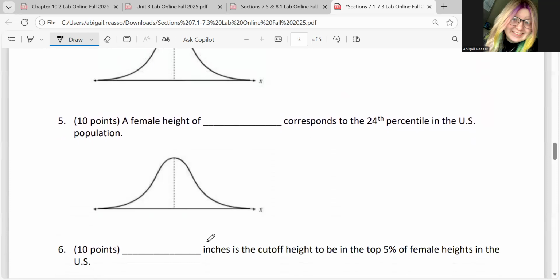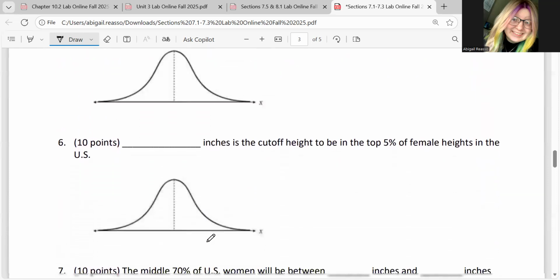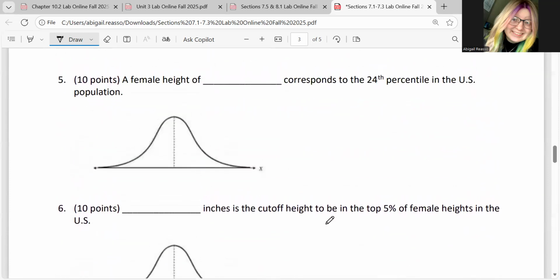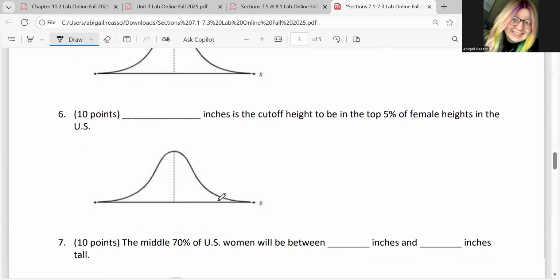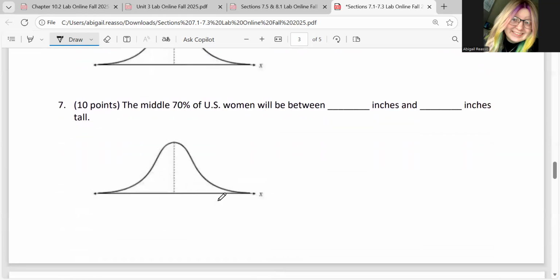And then from 5, 6, and 7, this is going to be going from percentages to some sort of value. That is going to come from your 7.3 more specifically. So just be sure to go back and look at your notes for 7.3 to get some extra guidance on how 5, 6, and 7 will be answered.